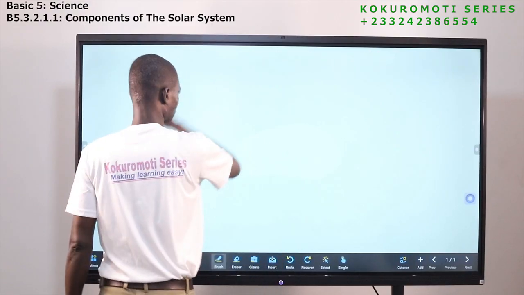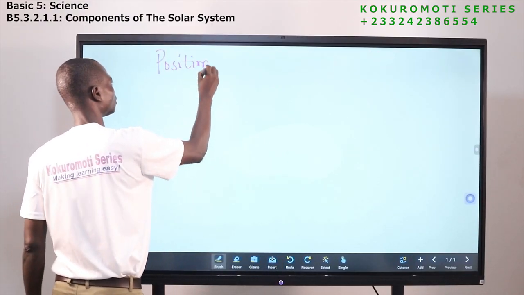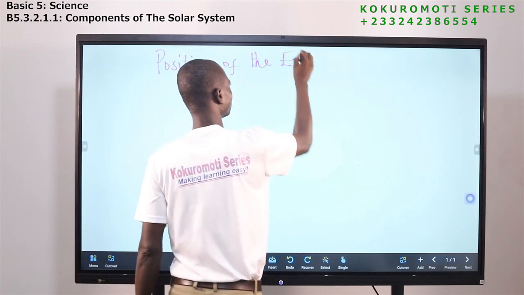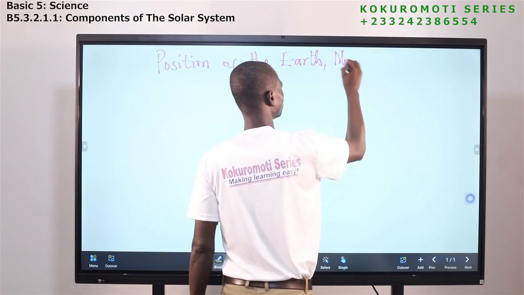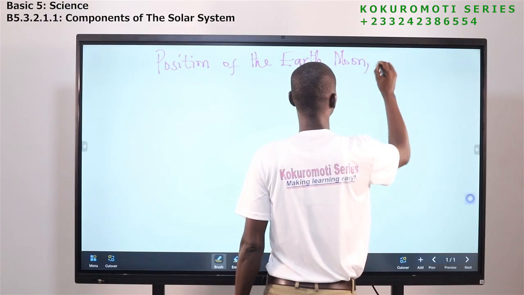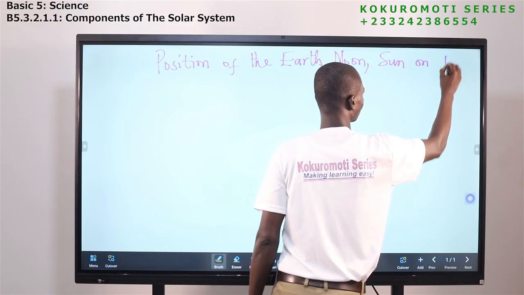Position of the Earth, the moon, and the Sun in the solar system.